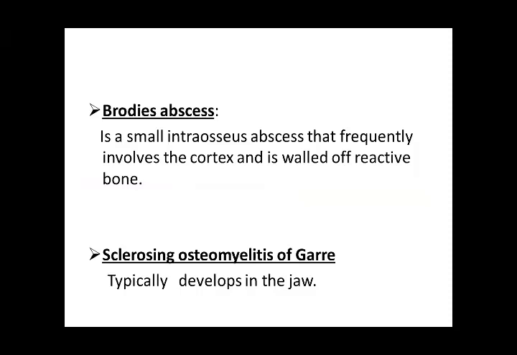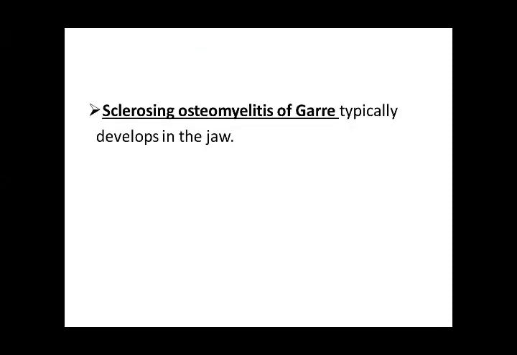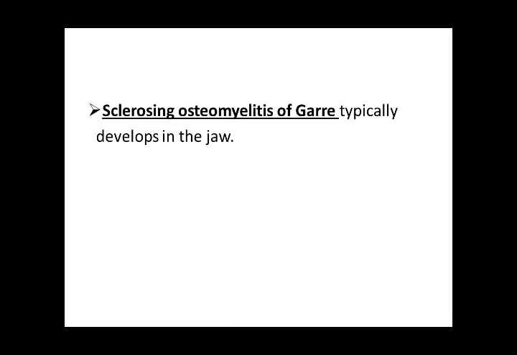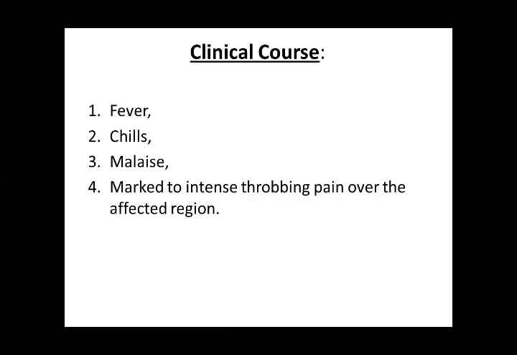It is a small abscess in the bone. Sclerosing osteomyelitis of Garré typically develops in the jaw. Clinical course is fever, chills, malaise, and marked, intense throbbing pain over the affected region.